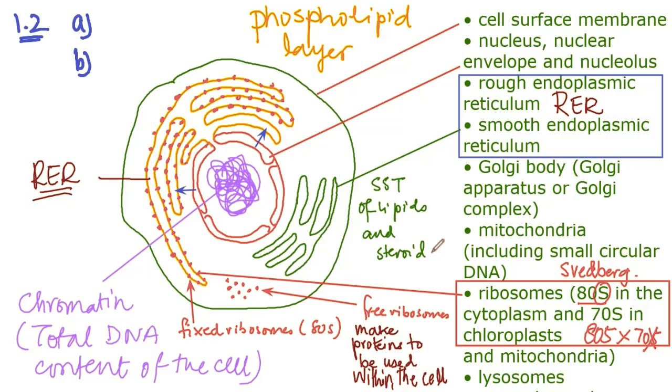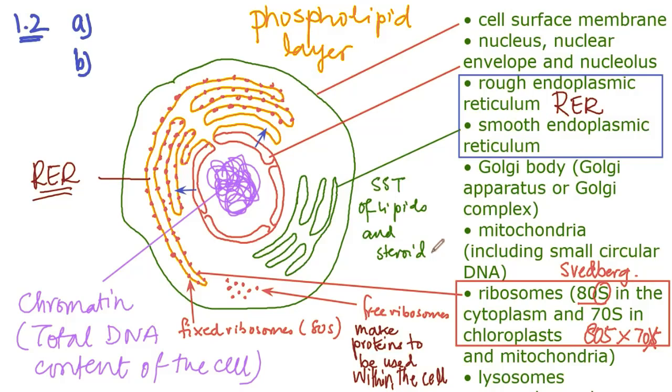The steroids are usually hormones, which are steroid hormones. For example, estrogen and progesterone, as the name even suggests, are steroid hormones.